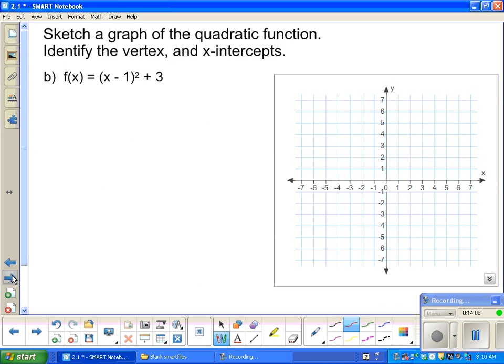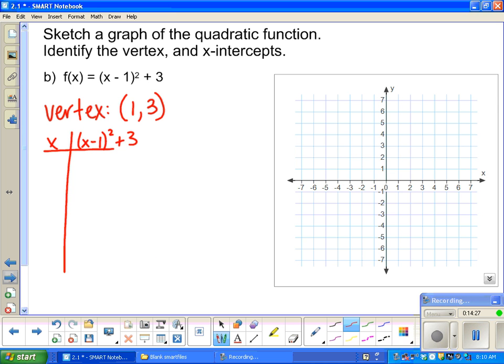All right, let's look at this one. We're going to sketch the graph. Let's identify the vertex first. We have an h and k in this case. So my vertex is at (1, 3). Let's do a t-chart now. Vertex at (1, 3). 2 points less and 2 points bigger.